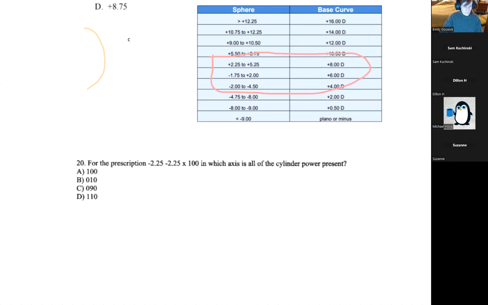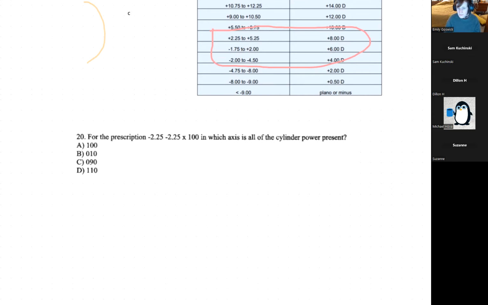I feel like I have other questions about this, so I apologize if we end up coming back to this a little bit disjointedly. I think I do have more later, so we'll gloss over those a little bit when we come to them. But for the prescription of -225 at 100, in which axis is all of the cylinder power present?